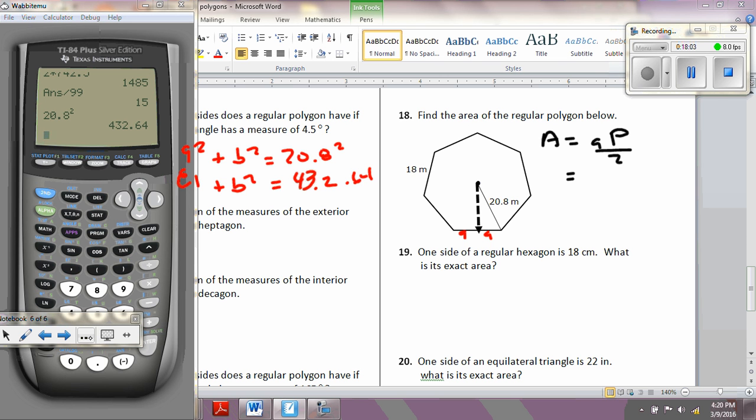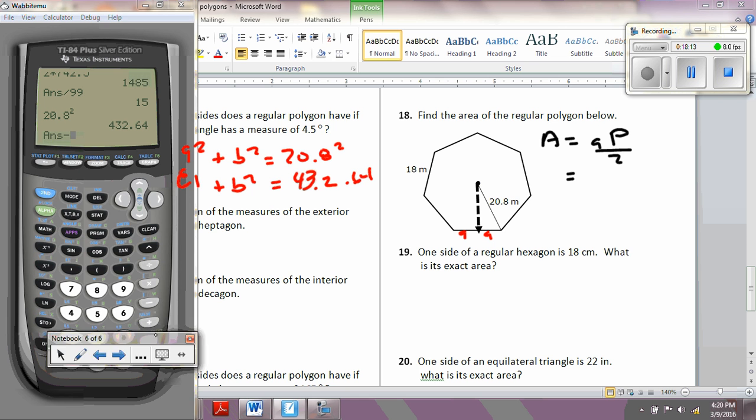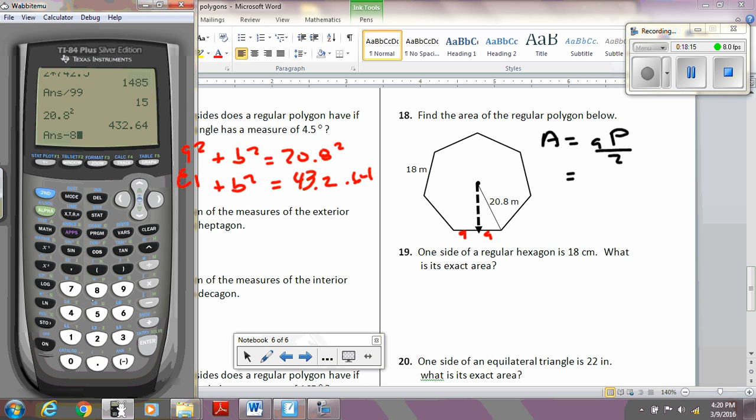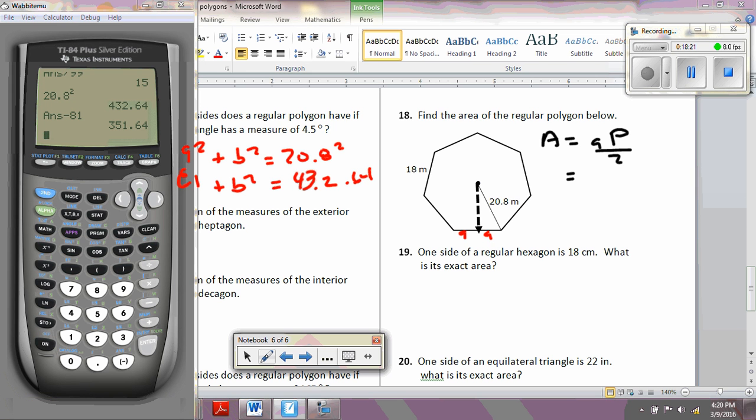And then I must subtract 81 from this answer to get b squared by itself. For those who still don't know how to do Pythagorean's theorem, I'm doing it step by step for everybody.